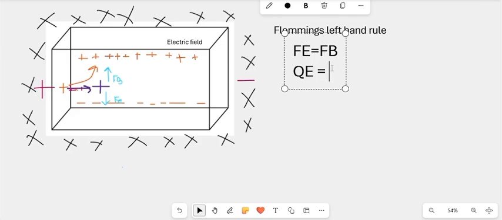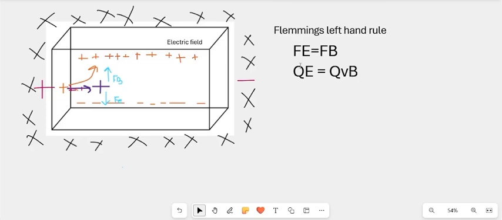Now, how do we know which magnetic force formula to use? We're looking at this single charge right now, and when we have to take a look at one single charge, the formula to apply is QVB, where this is the charge, this is the drift velocity, and this is the magnetic flux density.